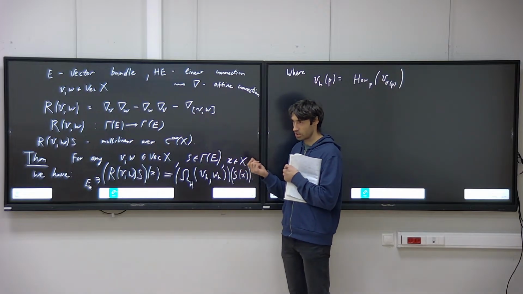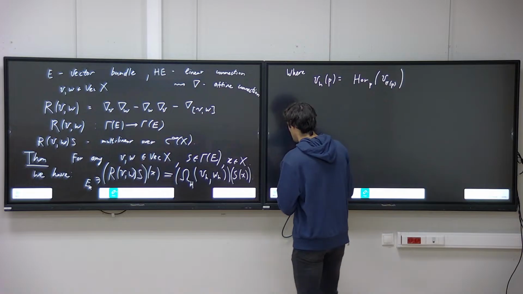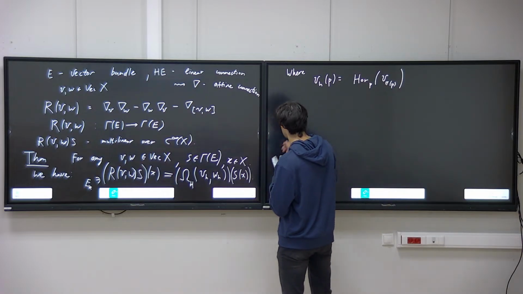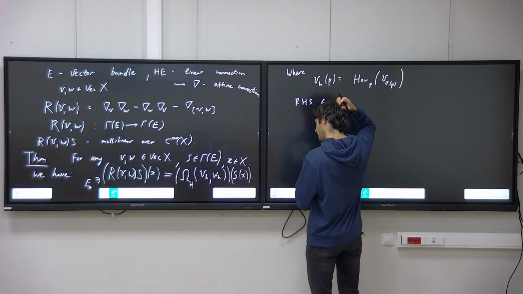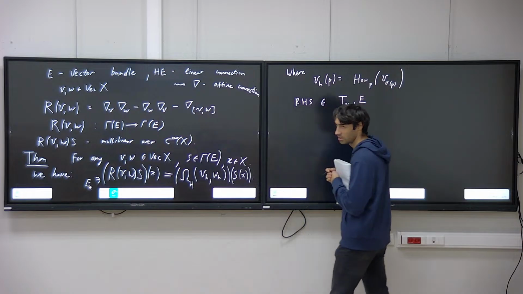So this is again a vector field on E. Then I evaluate it, so the right-hand side will be in the tangent space T at S of X of E.